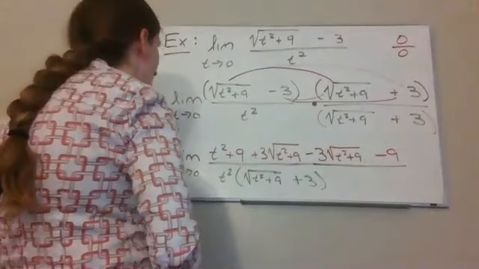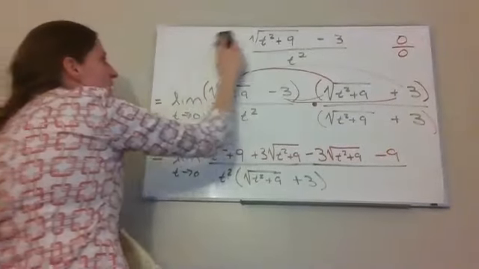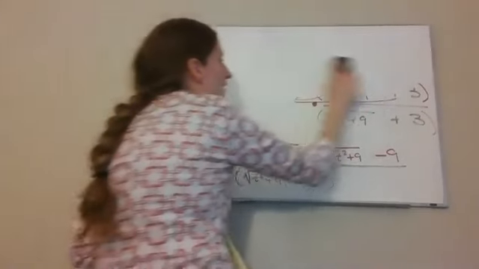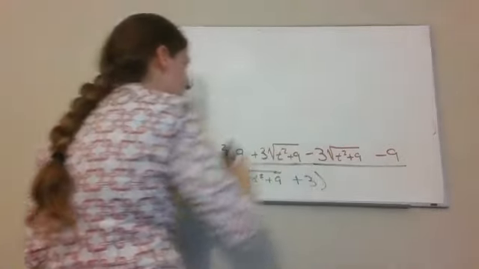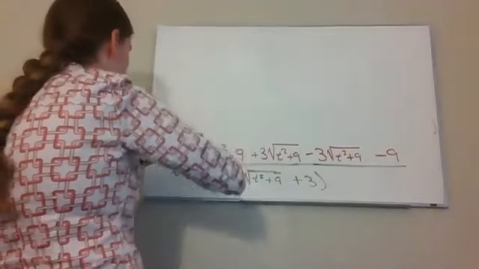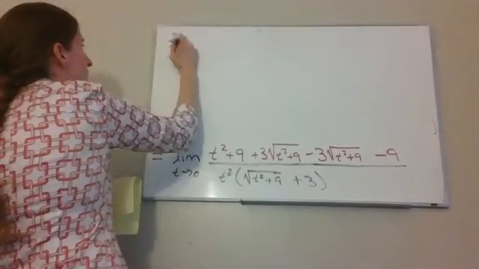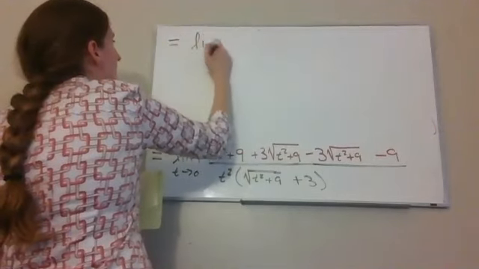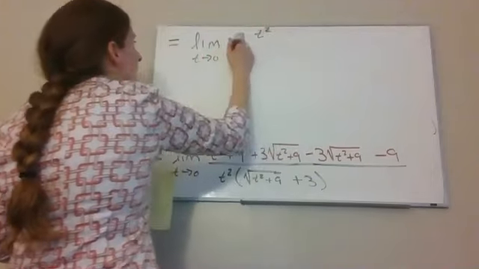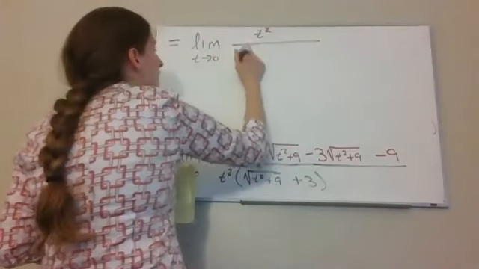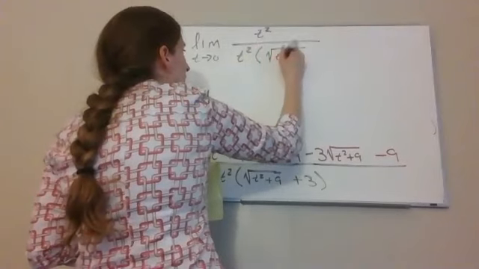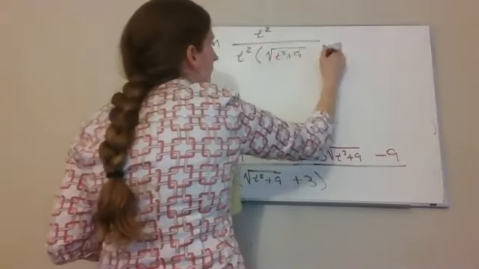So when I combine all of my like terms on the top, it simplifies to just a t squared on the top. So we get that this is equal to the limit as t approaches 0 of t squared on top over t squared times square root of t squared plus 9 plus 3.